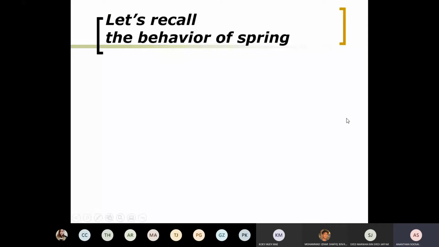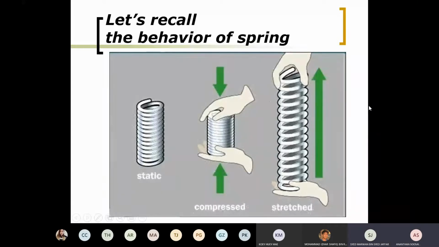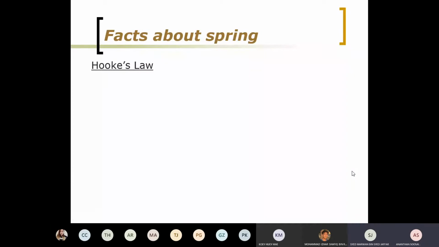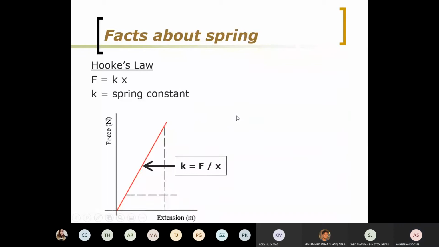Okay, so now let's recall the behavior of springs. Our first lesson today is more on springs. Hooke's law. With a spring, you can compress it or stretch it by applying a force. Two marks: what does Hooke's law state? The force applied is directly proportional to the extension of the spring, as long as the elastic limit is not exceeded.